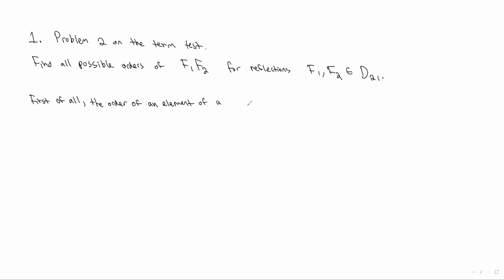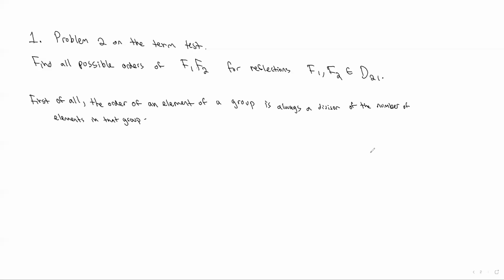The order of an element of a group is always a divisor of the number of elements in that group. In this case, I could say that the order has to be a divisor of the number of elements of D21, which is 42, but you can actually do better.